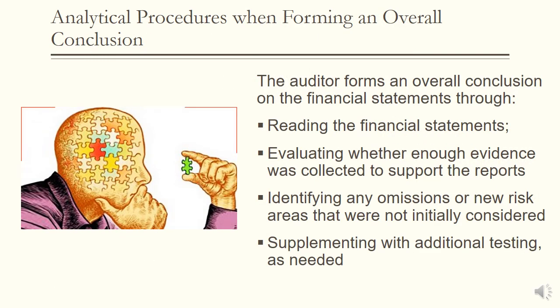AUC 520 requires that analytical procedures be used when the auditor is forming their overall conclusion on the financial statements. They render this overall conclusion through reading the proposed final financial statements, evaluating their evidence that was collected throughout the audit, and determining whether that evidence is sufficient to support the financial reports, identifying any omissions or any new risk areas that emerged since they performed their initial risk assessment testing, and supplementing with additional testing as needed.